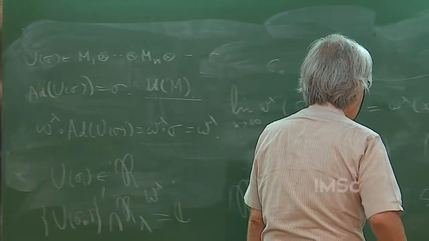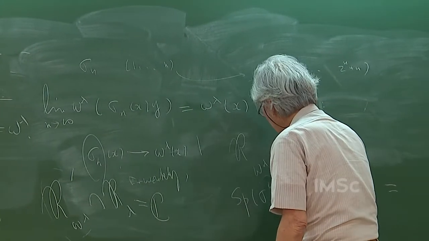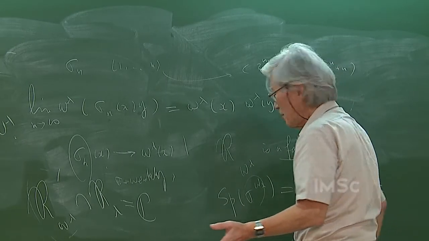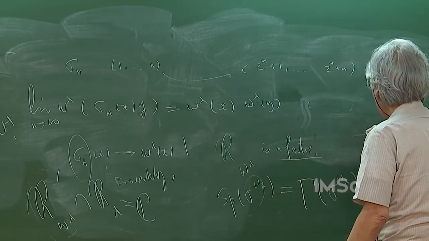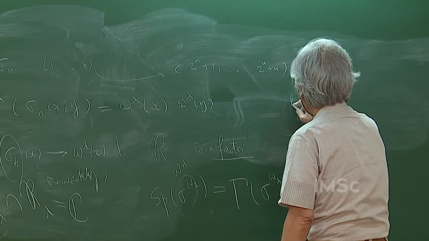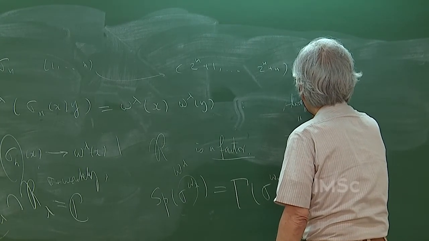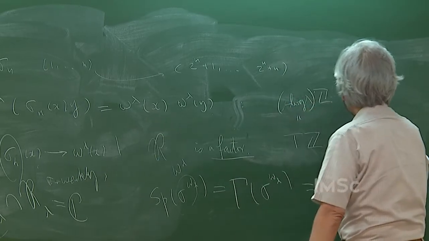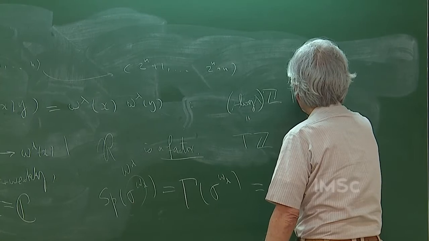So this modular automorphism is periodic in t. So what is the spectrum? It is the Connes invariant, which is the group generated by lambda, Z. So this is a factor of type III lambda.